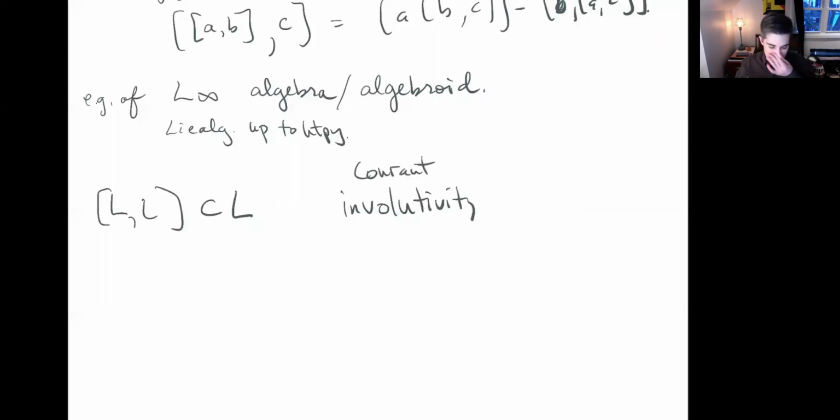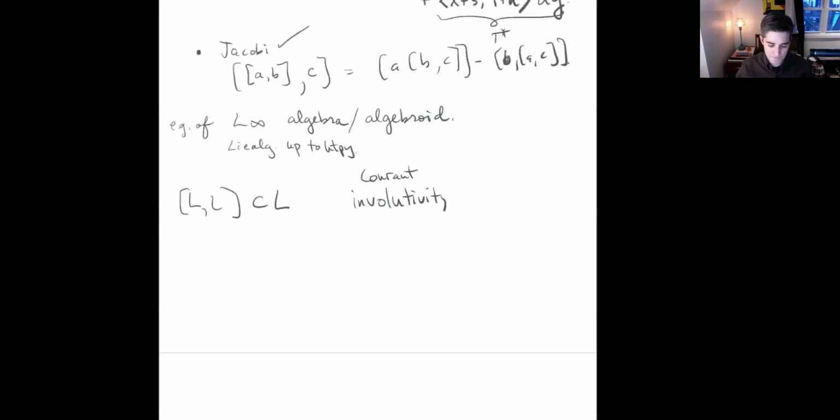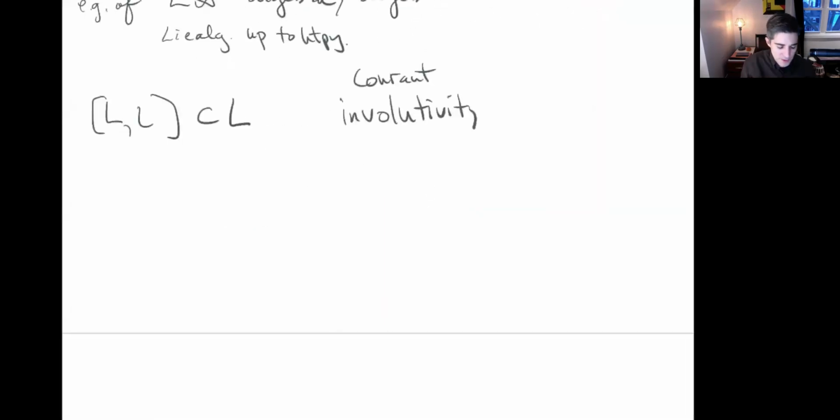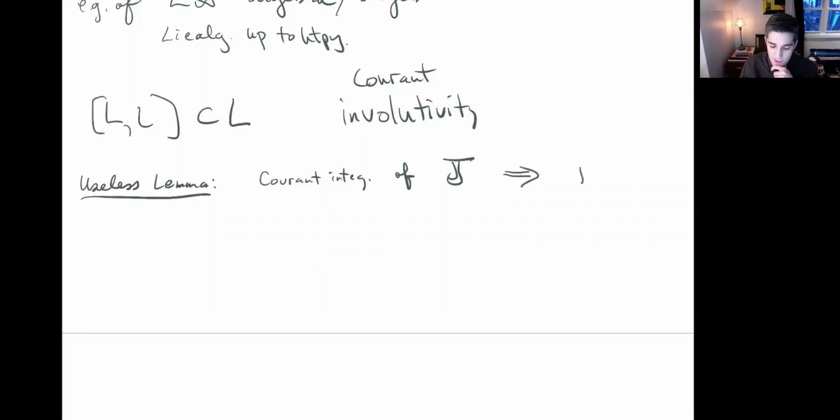And that's the remaining condition. So there's an interesting lemma, a useless lemma, but an interesting one to know, which is that Courant integrability of the plus I eigenspace of a GC structure actually implies that J is orthogonal.